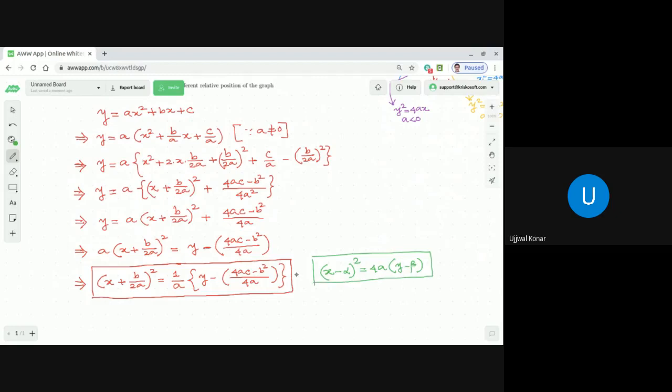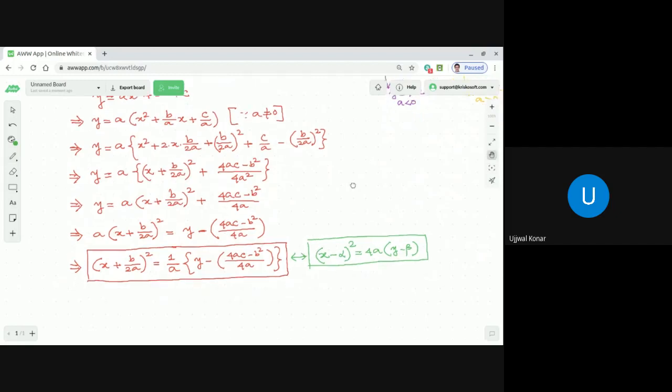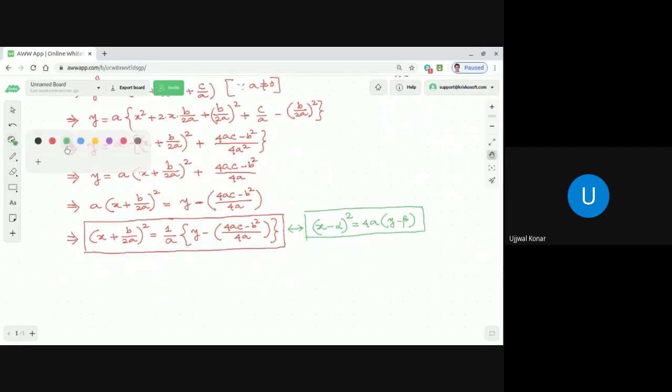If you make a correspondence of this, do not consider 1 by a and 4a, because these two are different in this one. But one thing you can say is, what is alpha? Alpha is equal to minus b by 2a. And what is beta?